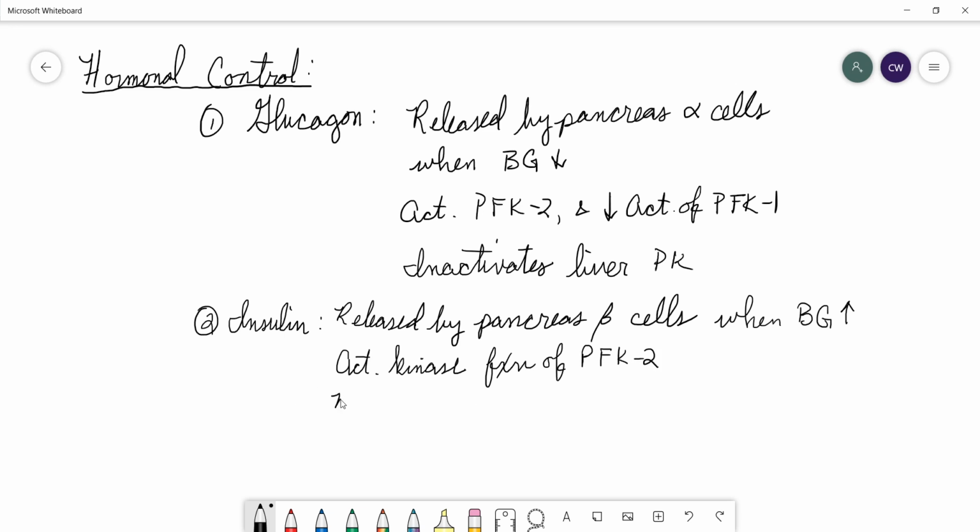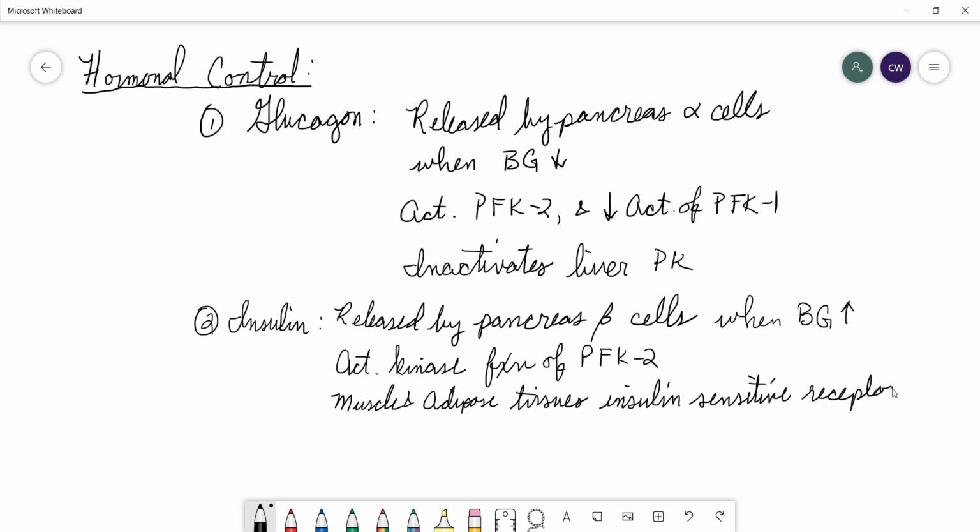And the muscle and adipose tissues possess insulin sensitive receptors on their cell membranes.